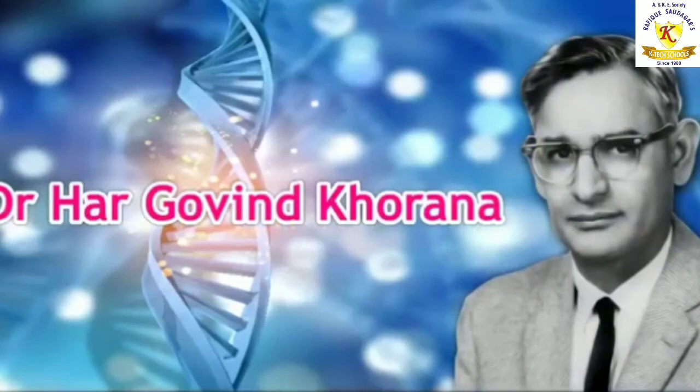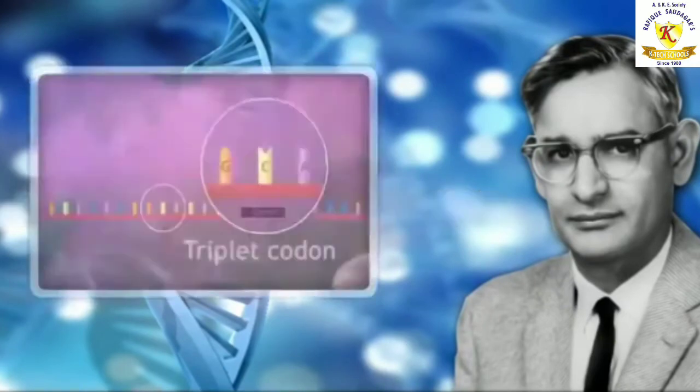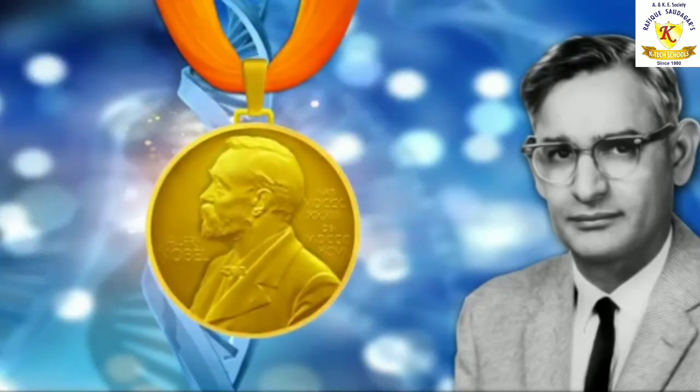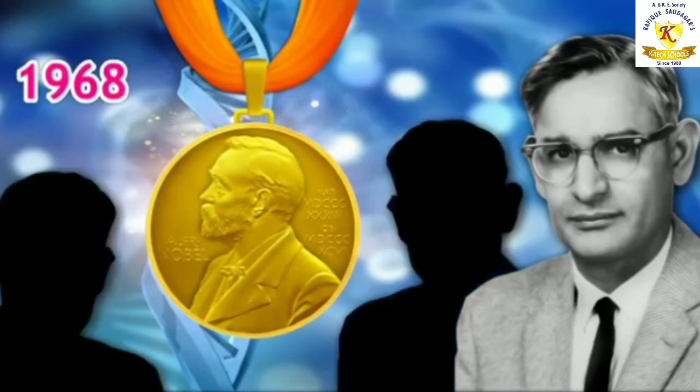Dr. Hargobind Khurana, a scientist of Indian origin, has made an important contribution in discovery of triplet codons for 20 amino acids. For this work, he has won the Nobel Prize in 1968 along with two other scientists.